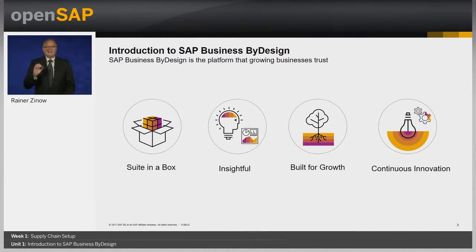The third thing is that these customers mostly say, you know what? By Design simply helped us to grow. When I meet with my friends from Skull Candy, they tell me, look, we are now for so many years on Business by Design, and we are still on Business by Design. We bought Business by Design when we were a tiny company. We used Business by Design during the IPO.